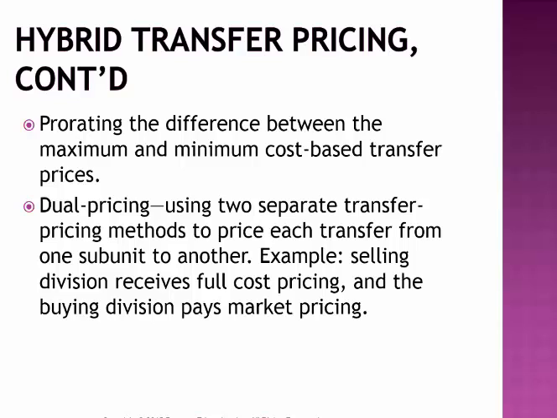Dual pricing is like I just mentioned, where we can use two separate transfer pricing methods to price each transfer from one subunit to another. For example, what about the selling division receives full cost pricing? So whatever their full cost is, that is what they're going to show as the selling price. But then the buying division gets to show that they are actually paying market pricing.